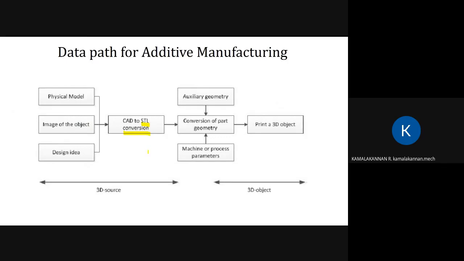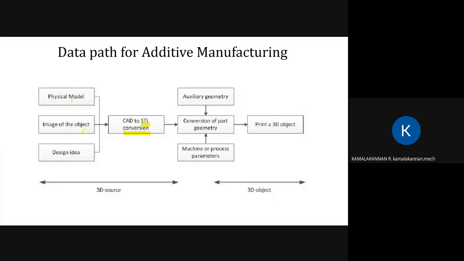This slide shows the path for additive manufacturing. When you have a physical model, you can convert it into STL, convert the part geometry, and finally print. Or if you have an image of the object, you can convert it into STL form.